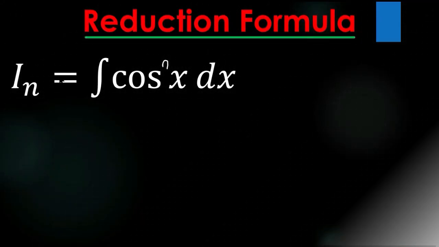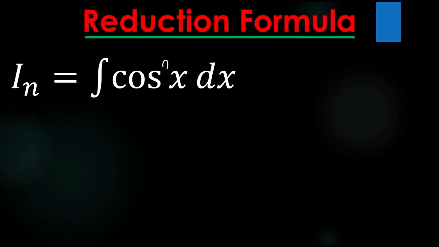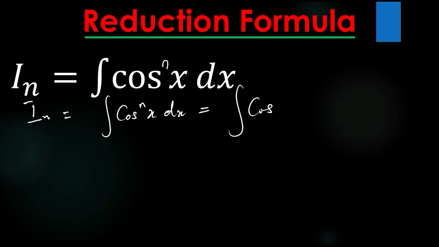Now, we want to use the reduction formula to find the integral I_n, which is equal to the integral of cos x raised to power n with respect to dx. A simple way to express this function is to write it as cos x raised to power n minus 1 times cos x, with respect to dx.